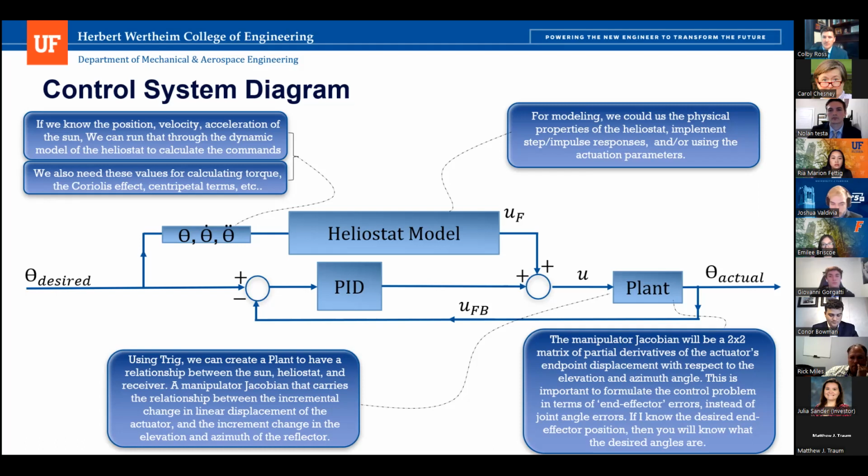This is important to formulate the control terms for the end reflector or the end effector instead of the joint angle errors, so that if we know the desired end effector position of the heliostat or the reflector, then we will know the desired angles within that heliostat. So this is done using some trig embedded into the partial derivatives to get our desired and actual output into the heliostat. Next slide.